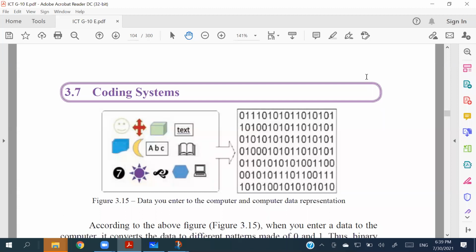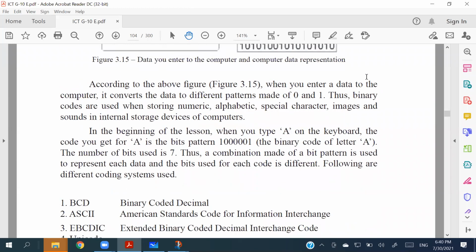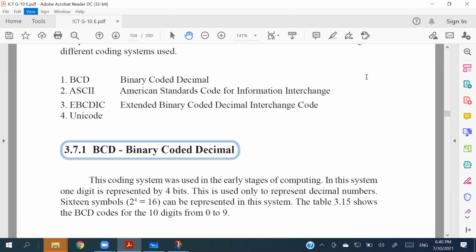So in the very first era, they had to come up with a solution to represent the numbers in the computer, right? For that purpose, they used a particular coding system called BCD, binary coded decimal. The technique is very simple.